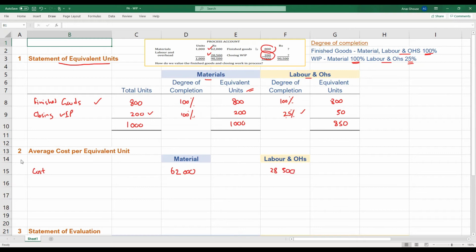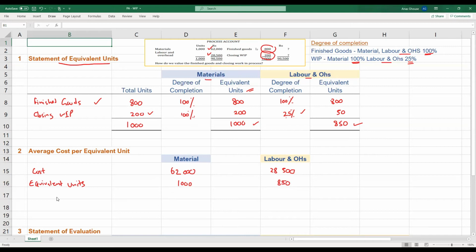Then let's take the equivalent units. With regard to material, we have 1000. With regard to labor and overheads, we have to take 850.